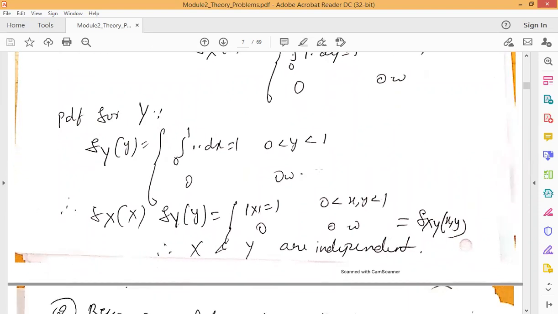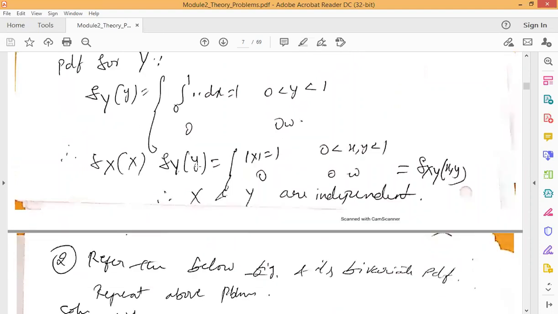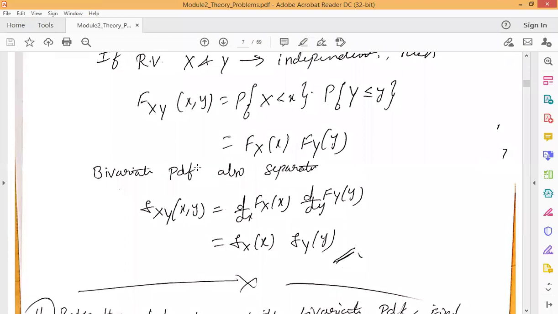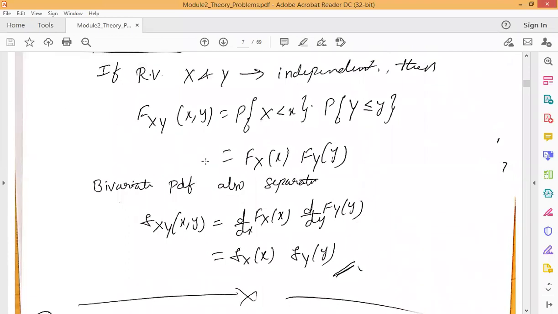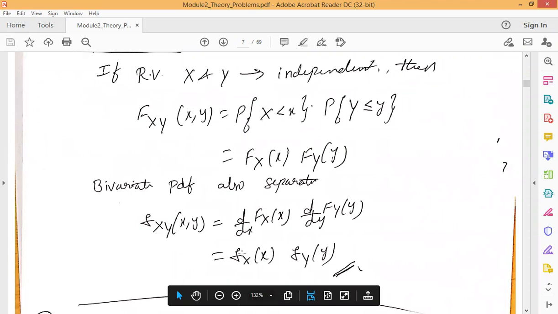Now you can take the product of these two in order to show the independence. For the independence check, f_XY of x comma y must be equal to the product of the CDFs of the individual random variables. And for the PDF independence verification, f_XY of x comma y must be equal to the product of the PDFs of the individual random variables x and y.